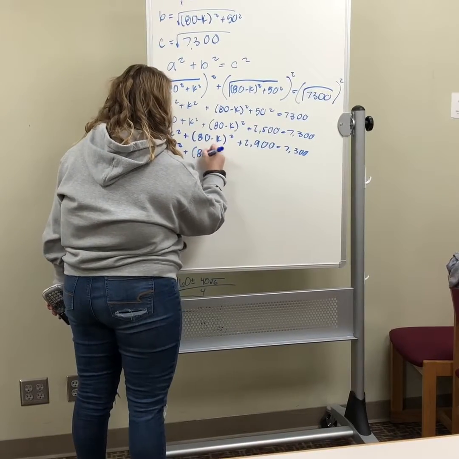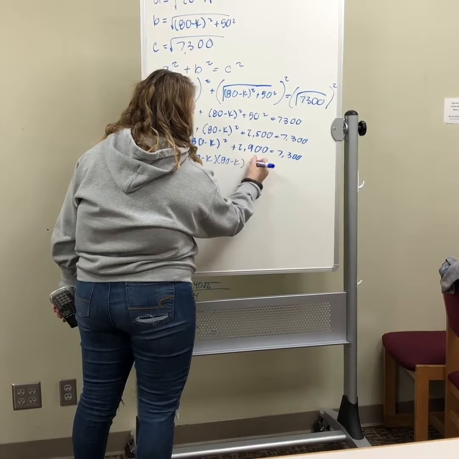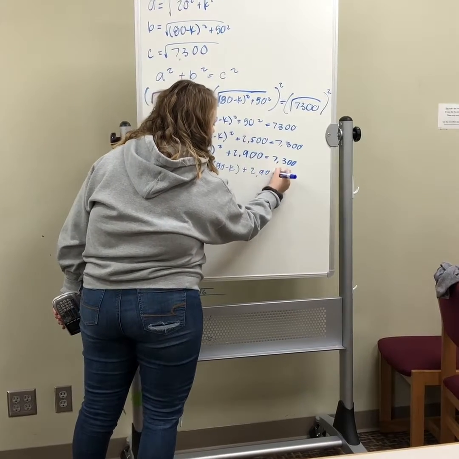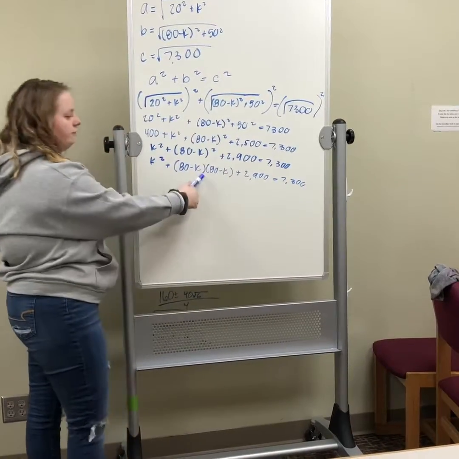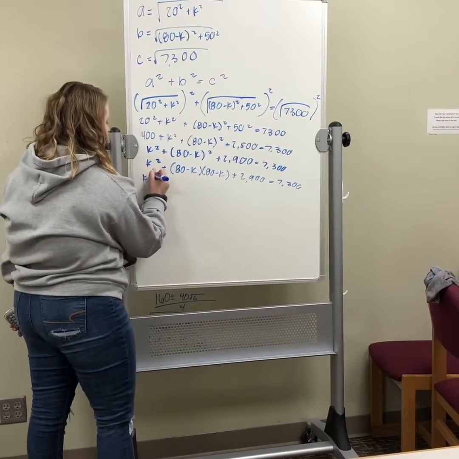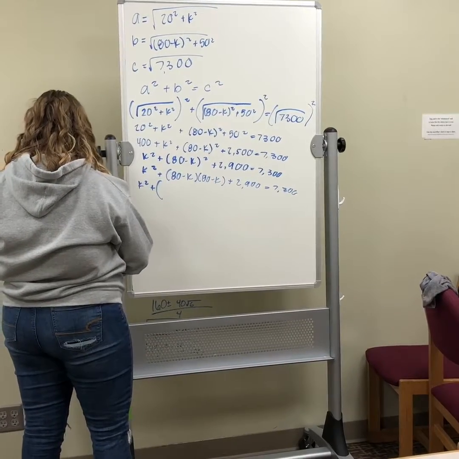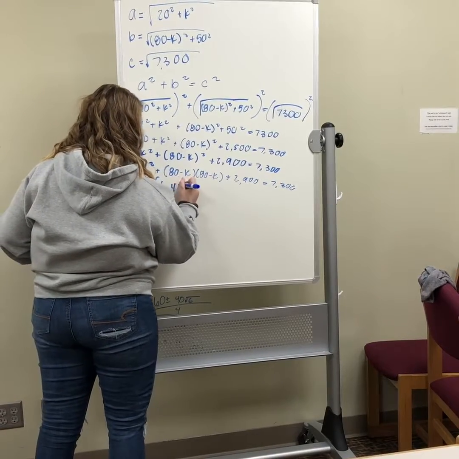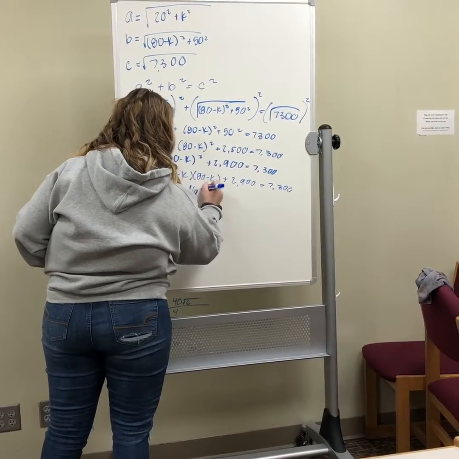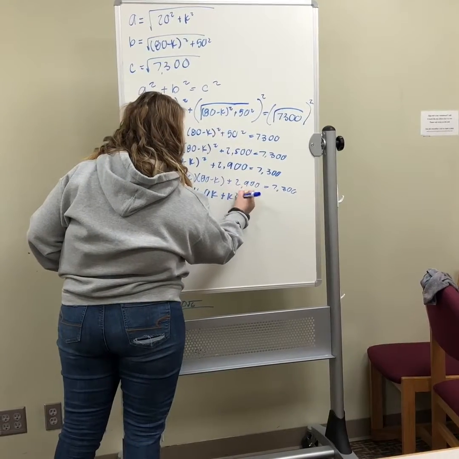It's going to be 80 minus k times 80 minus k plus the rest of the stuff. So to FOIL, it's going to be 6,400 minus 160k plus k squared.